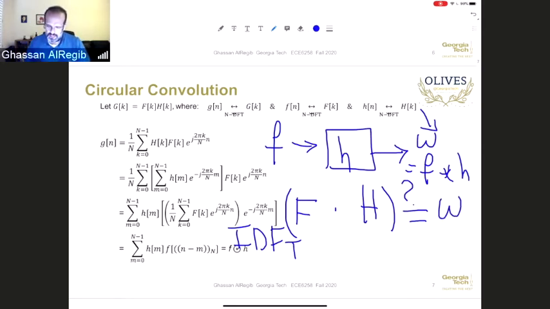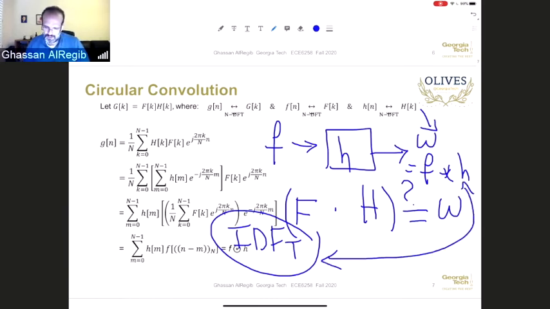That's basically the idea: take the DFT of F, the DFT of H, multiply them, take the inverse DFT, and see what the output is. So the trick is really in this inverse DFT. Does the inverse of the DFT give us the linear convolution between F and H? What we learned last time is that the answer is no. It will give you a circular convolution.